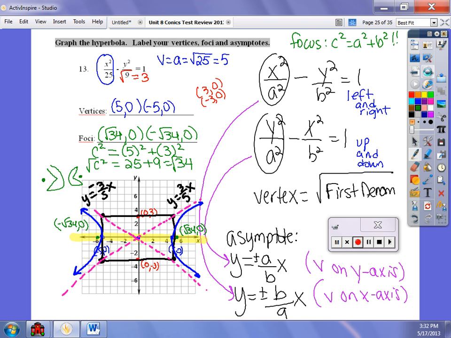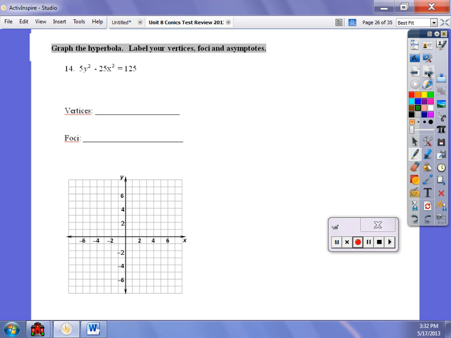Alright, last question on this review packet is this is not in standard form, so we have to divide to make that happen. So you divide by 125, and when you do that you wind up getting y squared over 25 minus x squared over 5 equals 1.